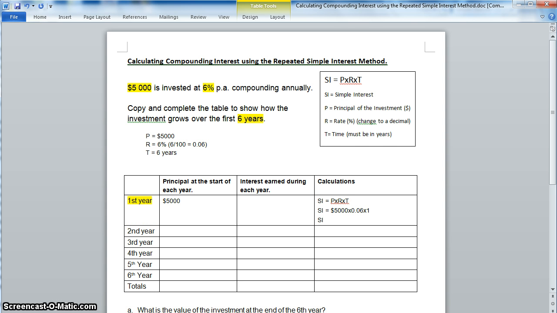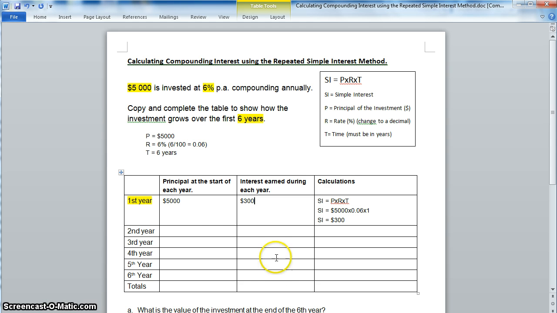And now we can get our calculator and work that out. And we earned $300 in the very first year of this investment. So let's write $300 here.